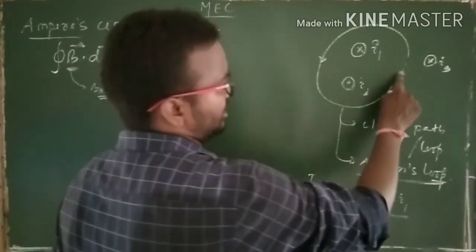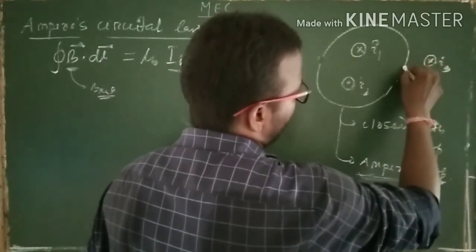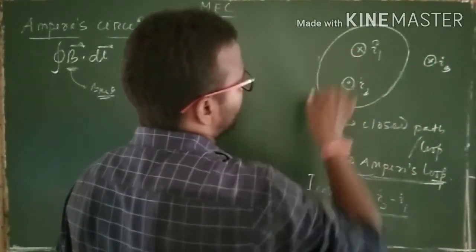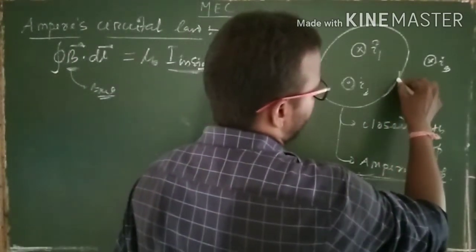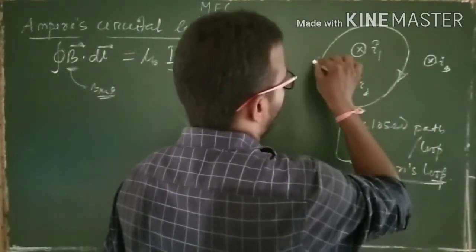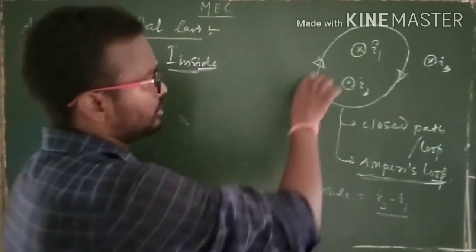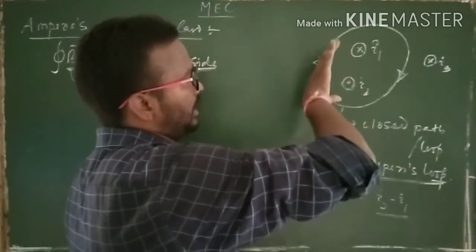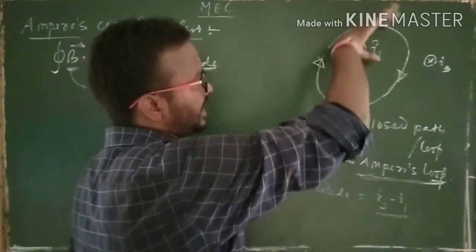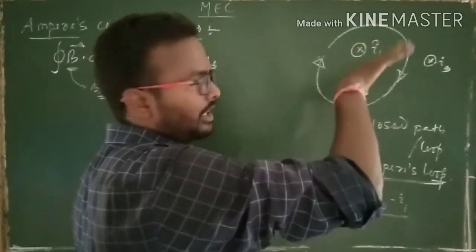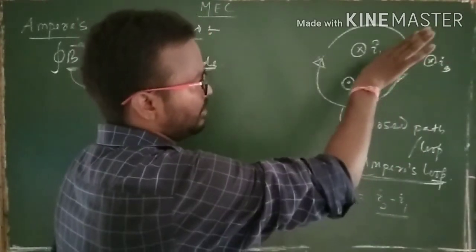If we change the direction, suppose, because the direction of Amperean law depends on you, you can take any direction. Suppose this is the direction of Amperean law. Now we have to use the right hand thumb rule here also. If we curl the fingers to indicate the direction of Amperean law, the thumb indicates the direction of flow of current, which means the net current is in the inward direction.